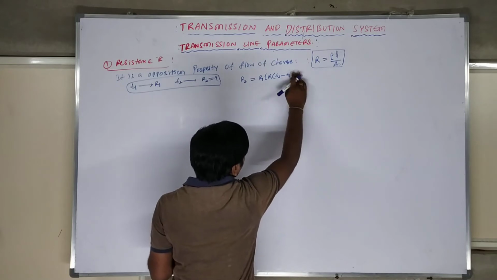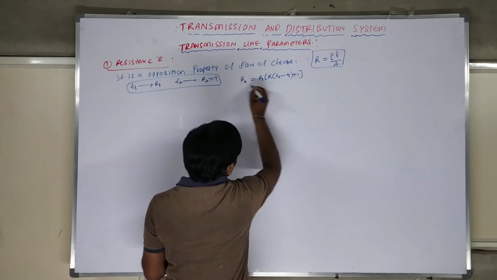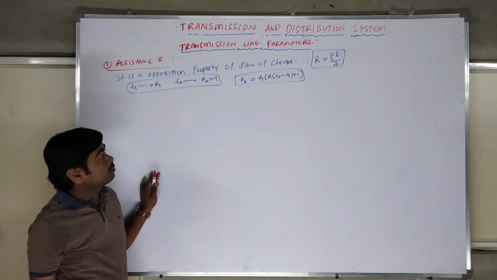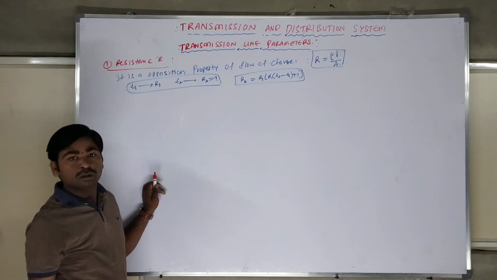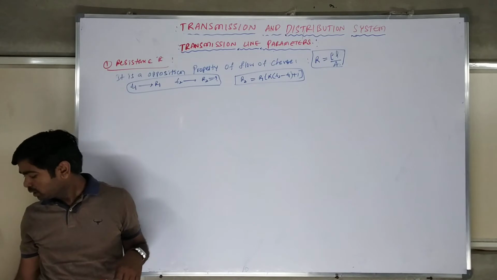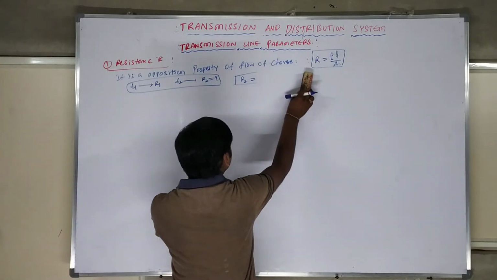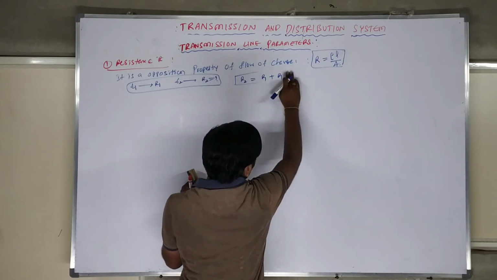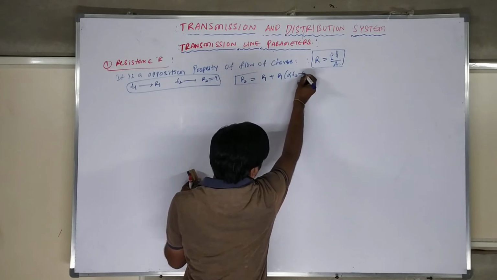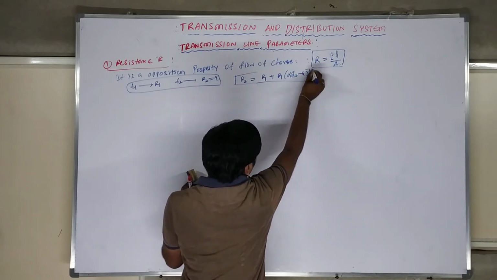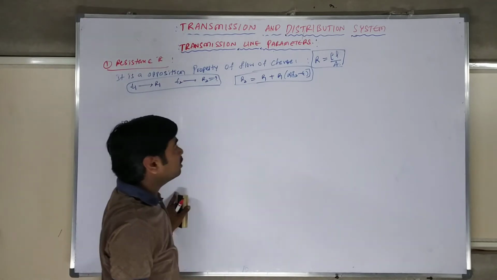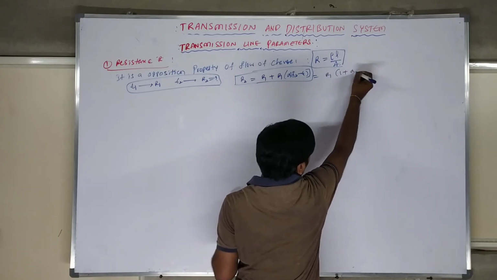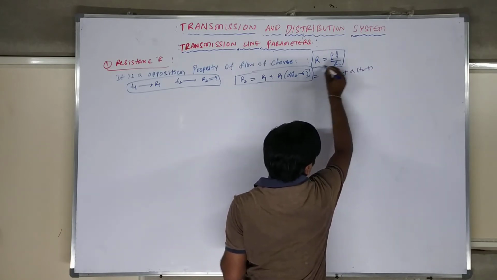This is the extra resistance you need to add due to the change in temperature. If you take R1 common, you can write it more clearly: R2 is equal to R1 into 1 plus alpha into T2 minus T1.